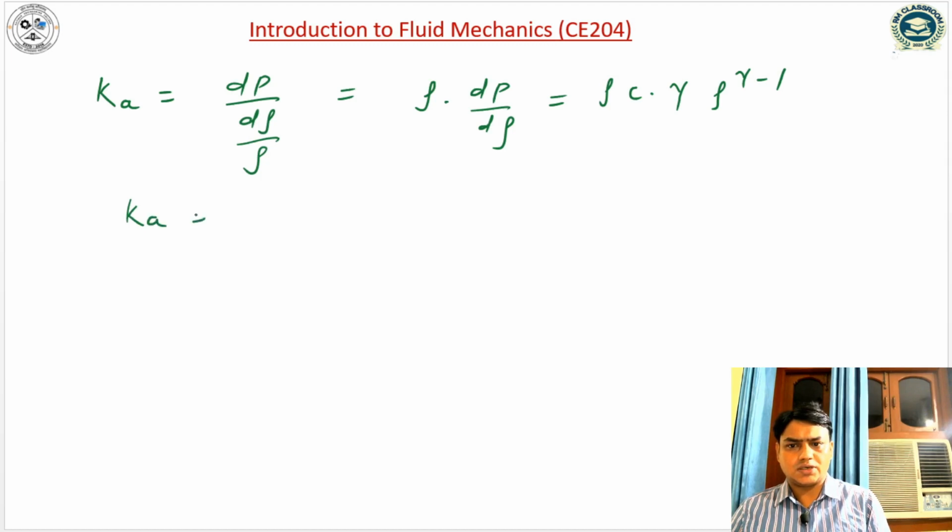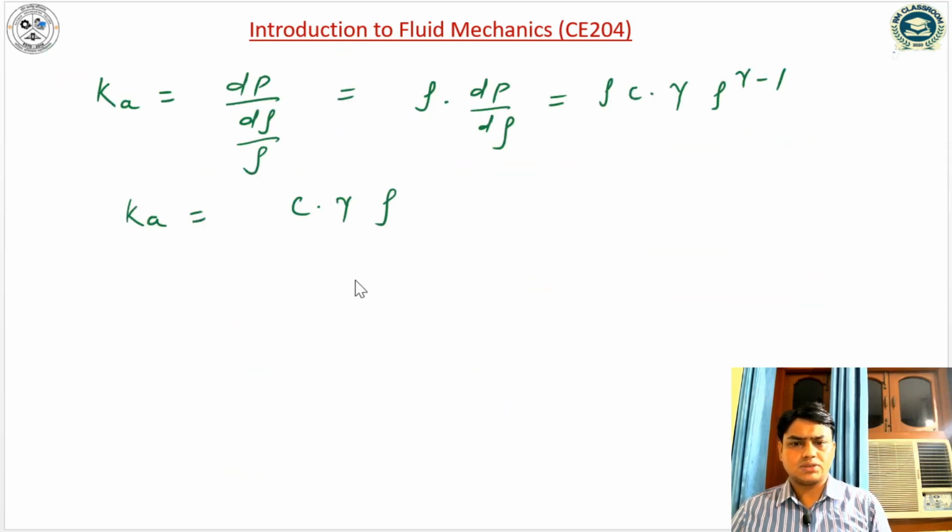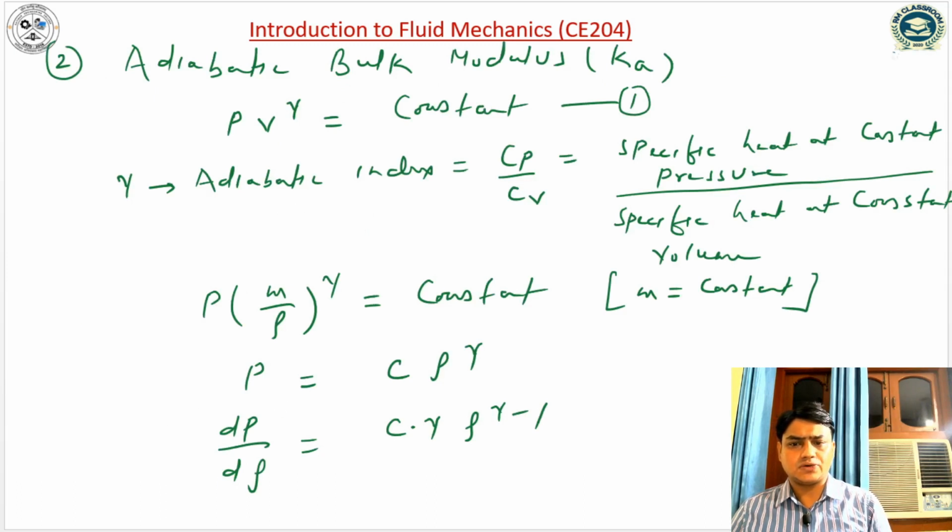So Ka is equal to C into gamma into rho to the power gamma, and here we can write P is equal to C rho to the power gamma.